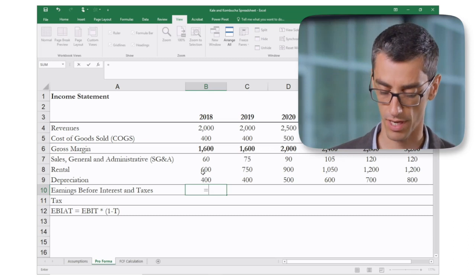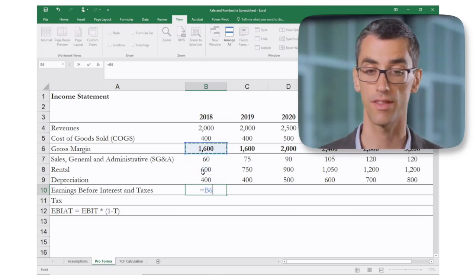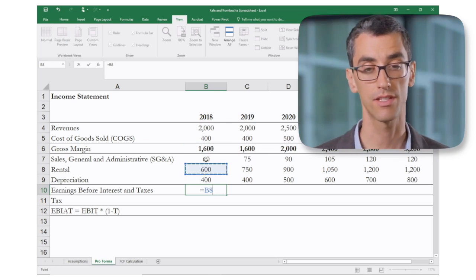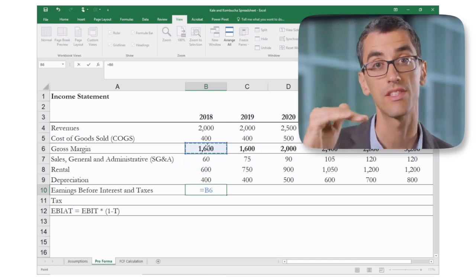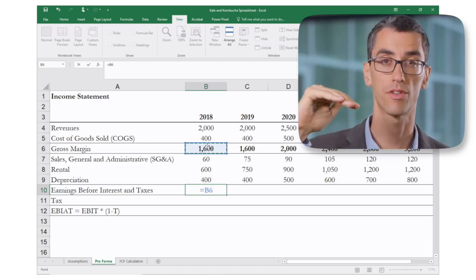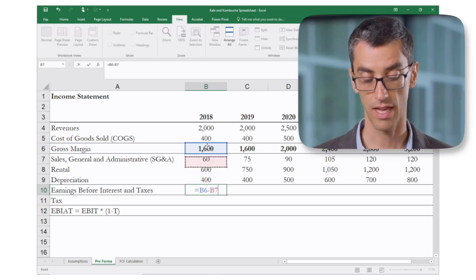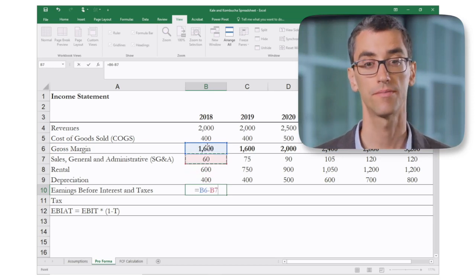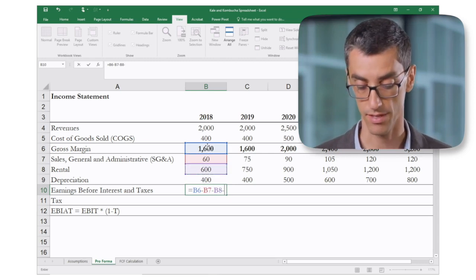So the earnings before interest and taxes will be given by the gross margin, that is itself revenues minus cost of goods sold, minus sales, general, and administrative, minus the amount of rental, minus the depreciation.